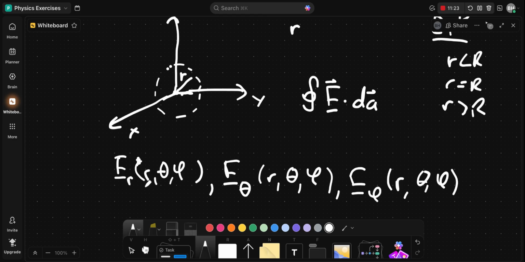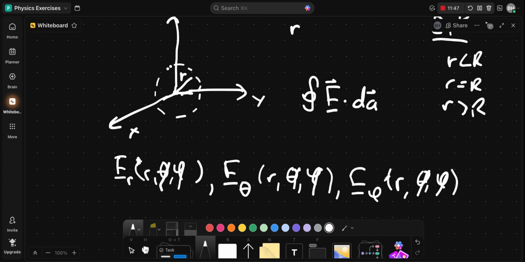First of all, since rotating around any axis doesn't cause a change in the charge distribution, we get back to the same place if we rotate it. That's what it means to be spherically symmetric. That means that nothing else can depend on theta and phi either. So all of these components have at most an r dependence.